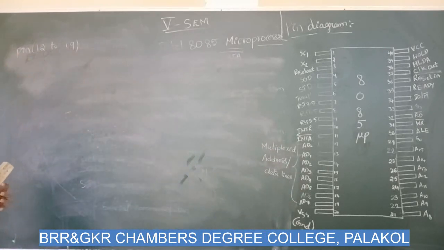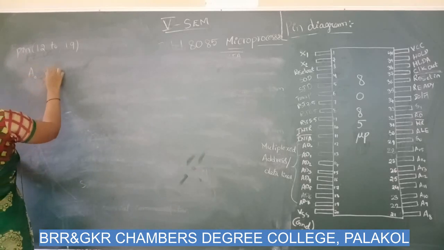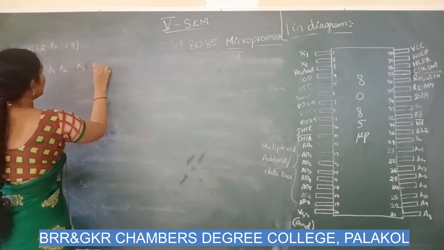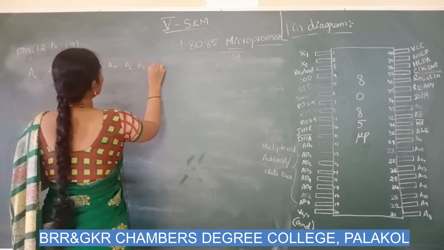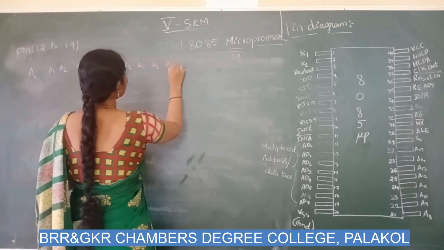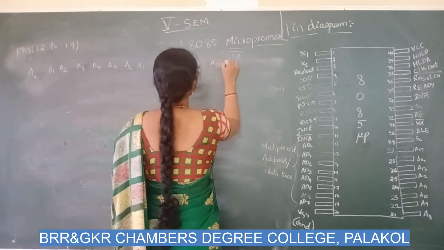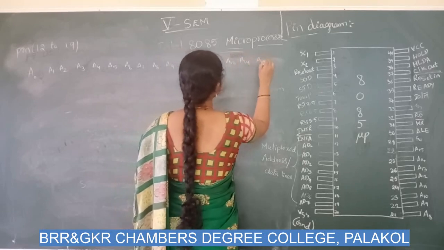An 8085 microprocessor has 16-bit address lines and 8-bit data lines. So here the 16-bit address lines are A0, A1, A2, A3, A4, A5, A6, A7, A8, A9, A10, A11, A12, A13, A14 and A15.